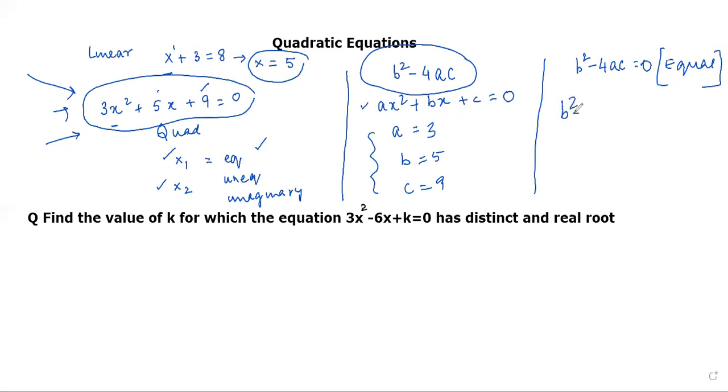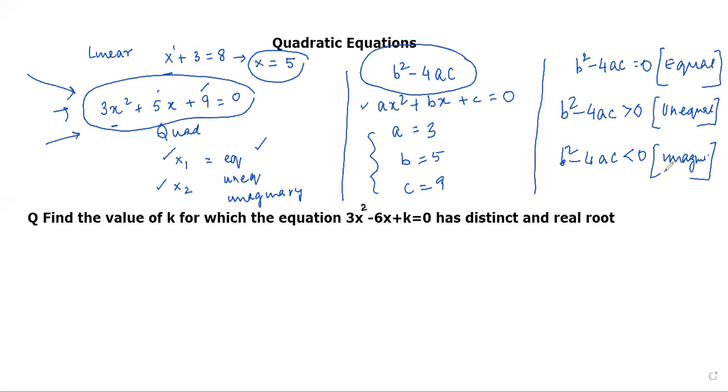If b square minus 4ac is greater than 0, which means a positive number, then my roots will be unequal. And the last one, if my b square minus 4ac value comes less than 0, or a negative number, then my roots are imaginary. As simple as this. If you understand this, you'll be able to solve the full exercise.